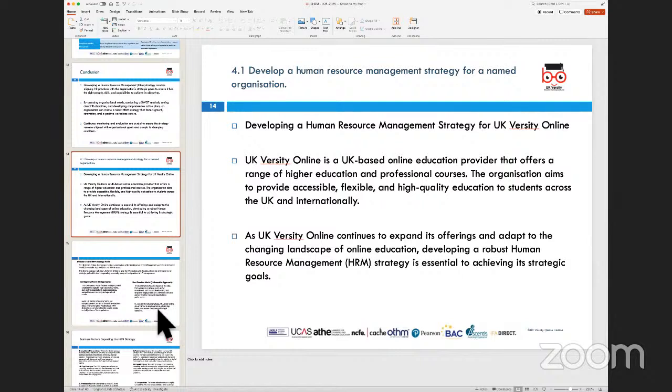Now, this talent could come in and work within two or three different types of roles. Some could work within administration, some within operations, and some within the teaching and learning side of things.